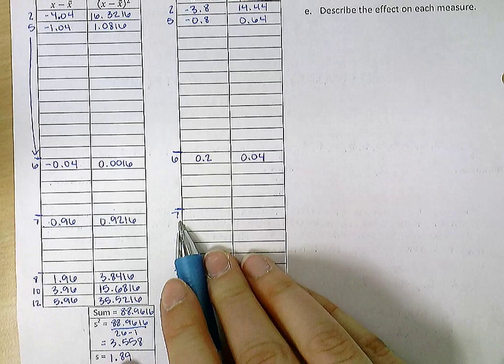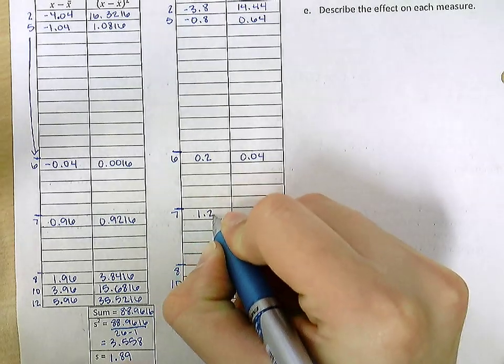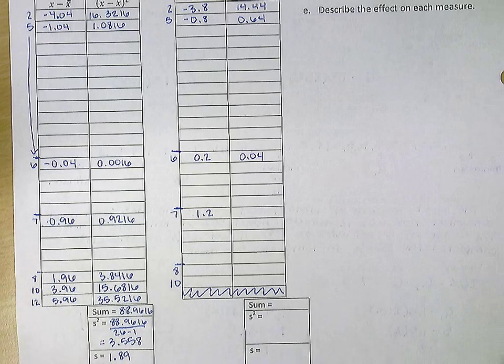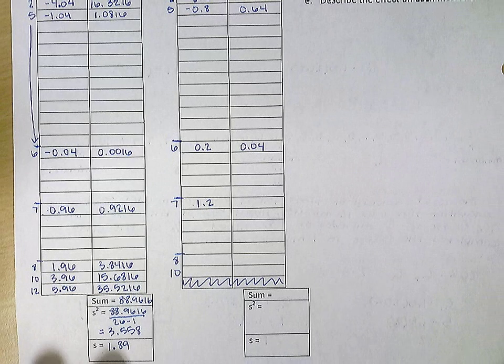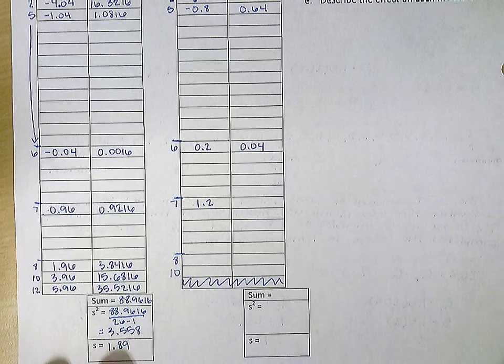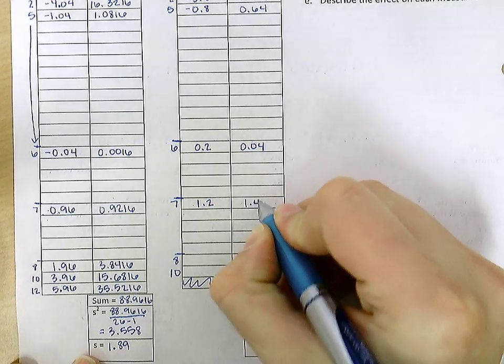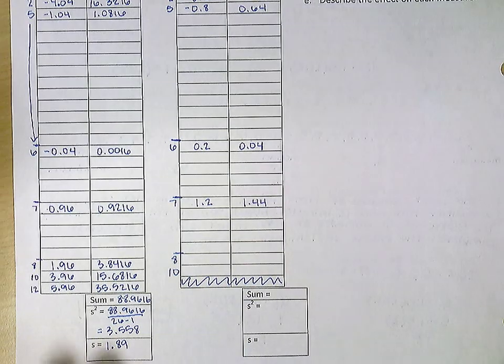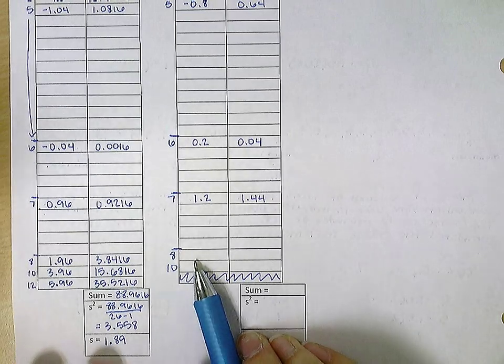Next we have 7, so I take 7 minus 5.8 to get 1.2. Can you do that in your head? What's 12 squared? 144. Right, so it should be 1.44. Next, move on to 8 here.